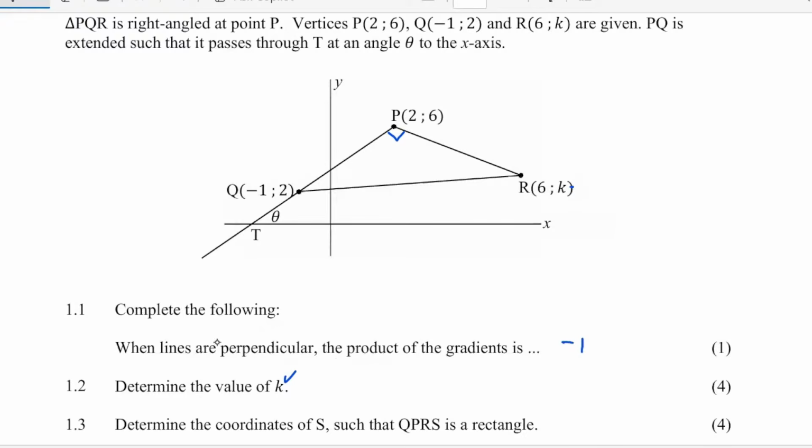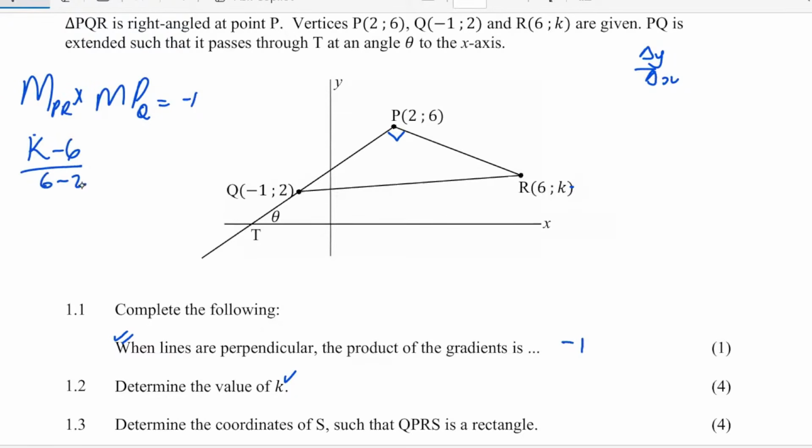So we can use the gradient of PR multiplied by the gradient of PQ, which should give us negative 1. We know that gradient is obtained by change in y over change in x. So PR is (K minus 6) over (6 minus 2), times (6 minus 2) over (2 minus minus 1), which should give us negative 1.